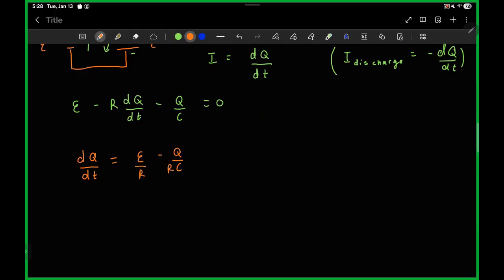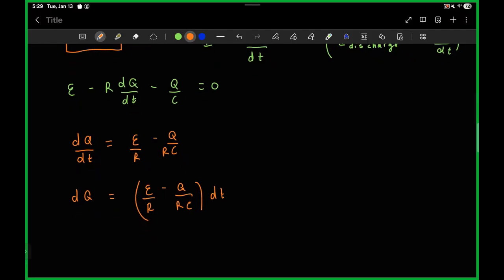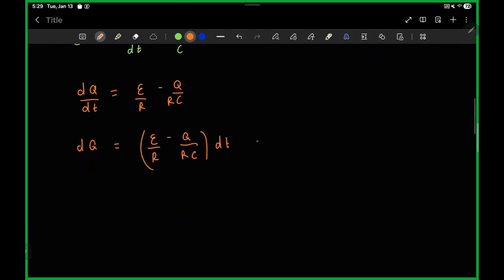At this point, we're pretty close to being able to separate variables. We'll multiply by dt on both sides. And so now I'm just going to go ahead and combine terms. So this is equal to C epsilon minus Q all over RC.